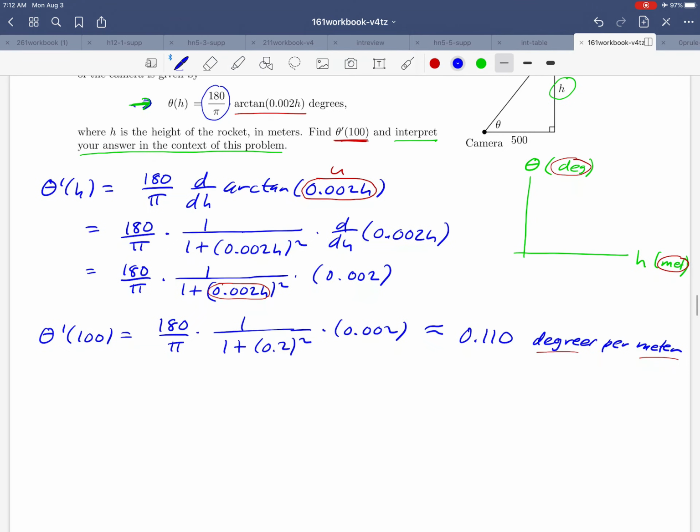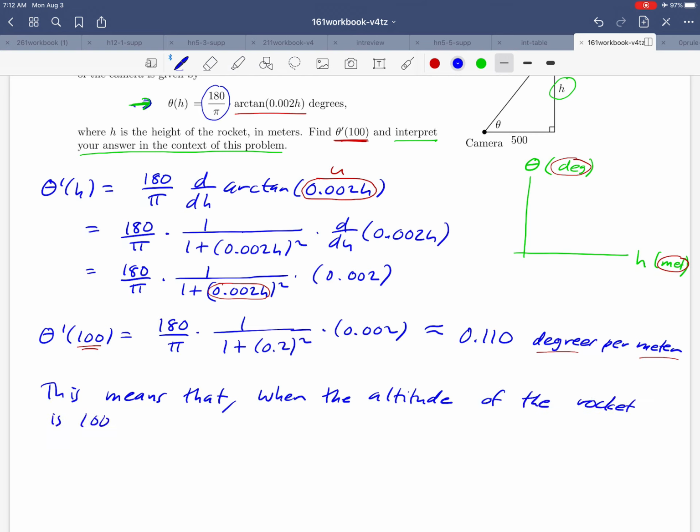Let's see if we can put that into words and explain this statement. This means that, and we might start by explaining the meaning of that 100. That's giving us a starting height. So when the altitude of the rocket is 100 meters, we're getting this rate of change.